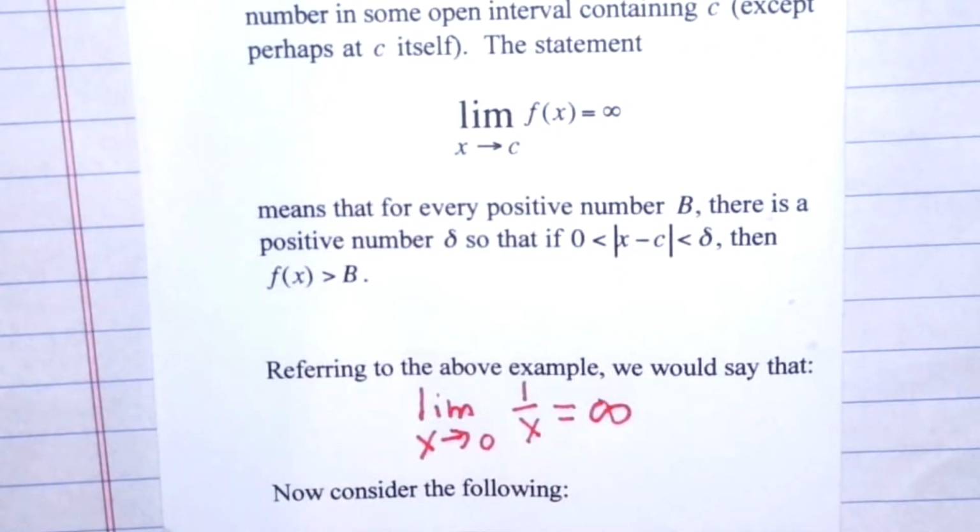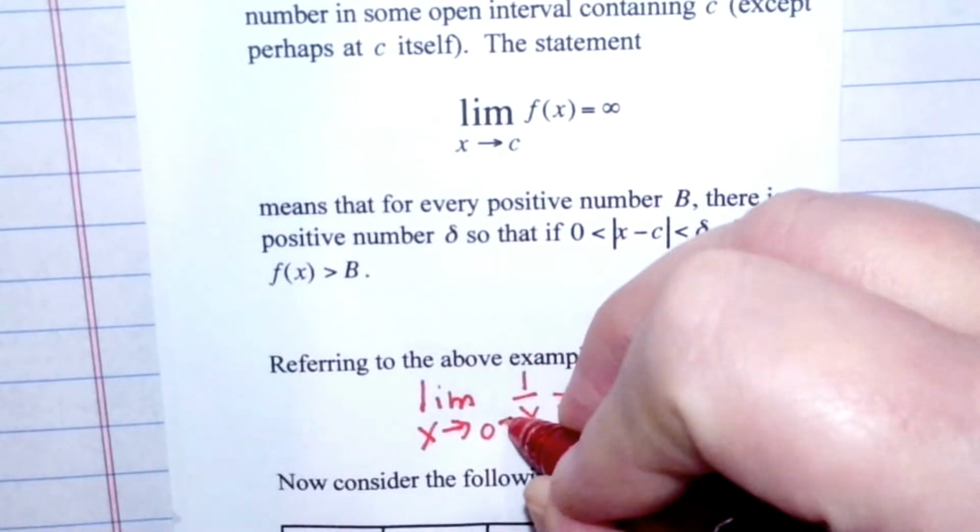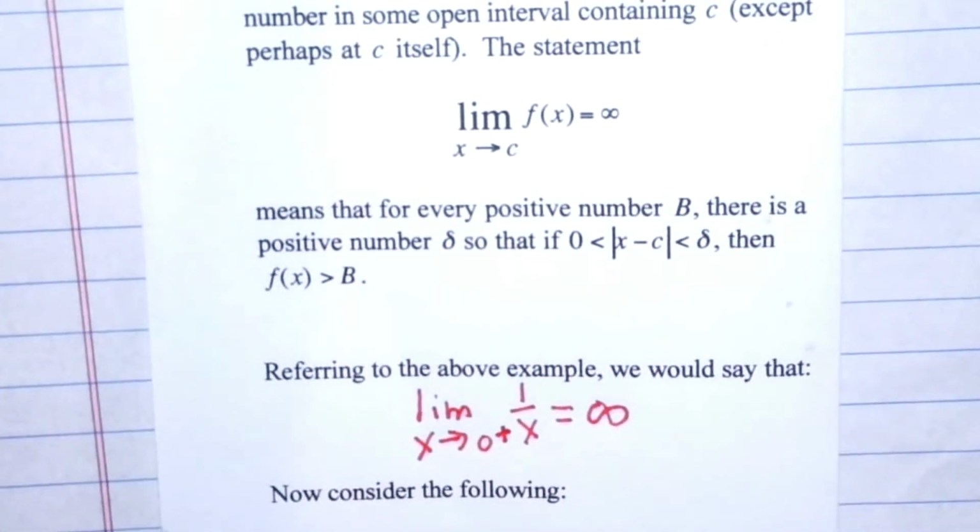There's a little bit of a problem with this. We let x approach 0 only from the positive side, only from the right side. So this would actually be a limit from the right. What if we wanted to look at the limit from the left? Well, then we would have to consider negative values of x and see what happened to f of x then.